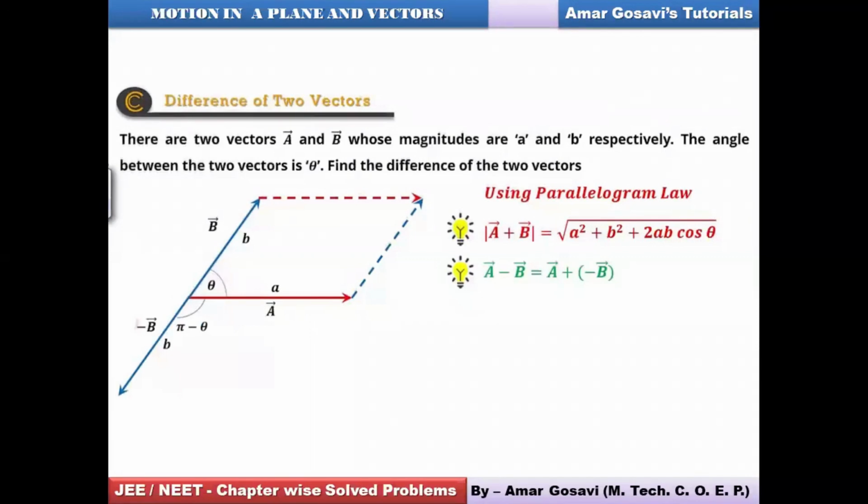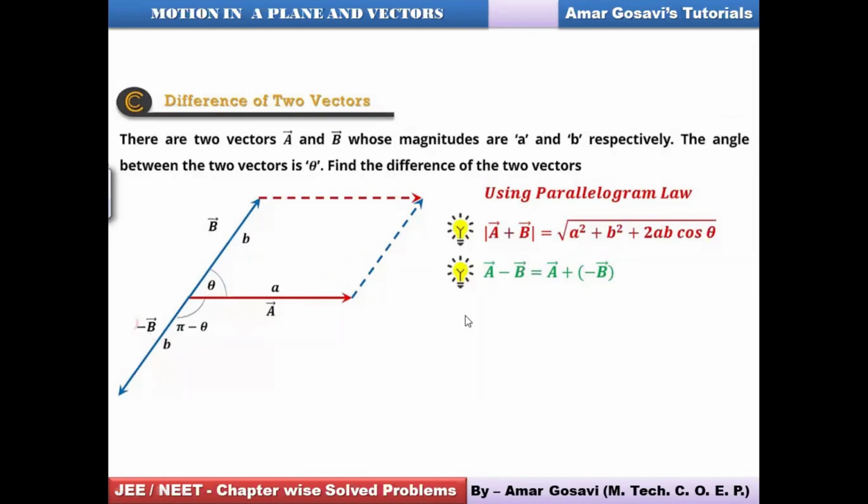Now what should happen if I'm going to work out a bar minus b bar? In that case, instead of b bar in the positive direction upwards, I'll have to consider b bar in the opposite direction, and then I will have to put it as minus b bar. Now what's the difference in the angle? If this angle is theta, you can see this angle will be pi minus theta, isn't it?